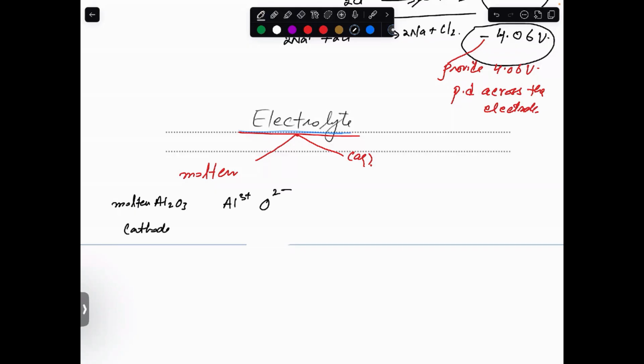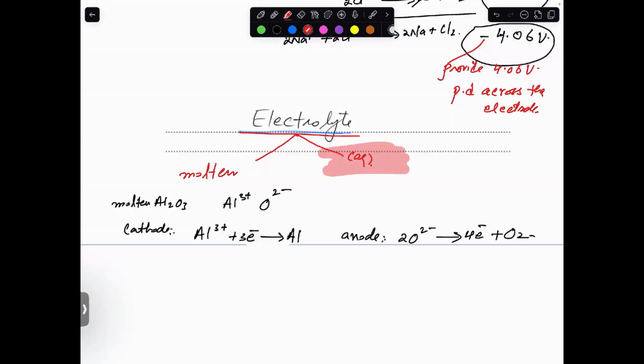Cations at the cathode gain 3 electrons, making aluminium, and at the anode, anions, 2 oxide, lose 4 electrons, making oxygen gas. But if your electrolyte is aqueous, keep in mind, it could be dilute or concentrated.